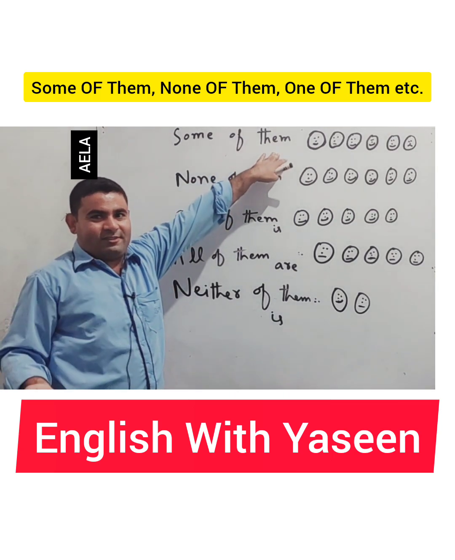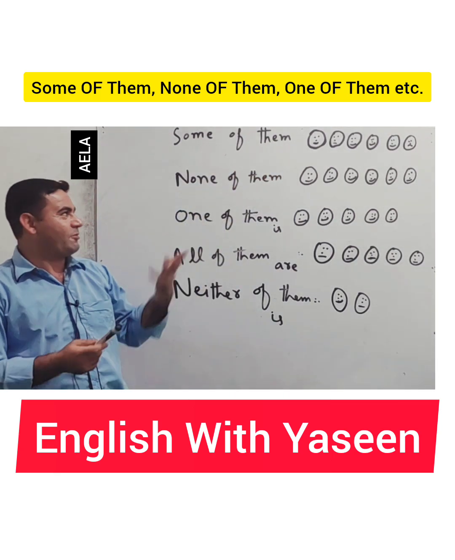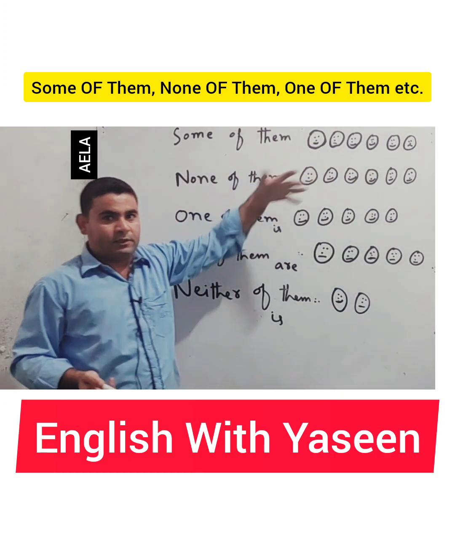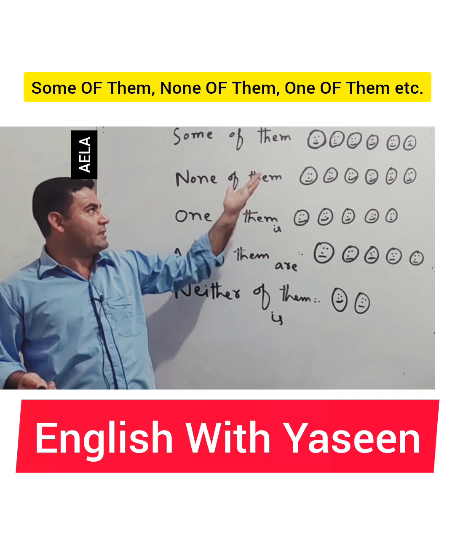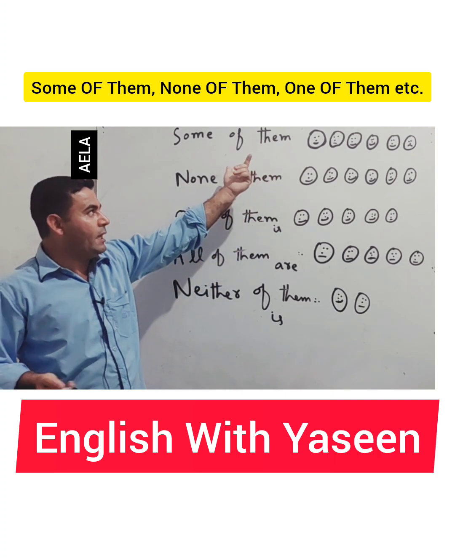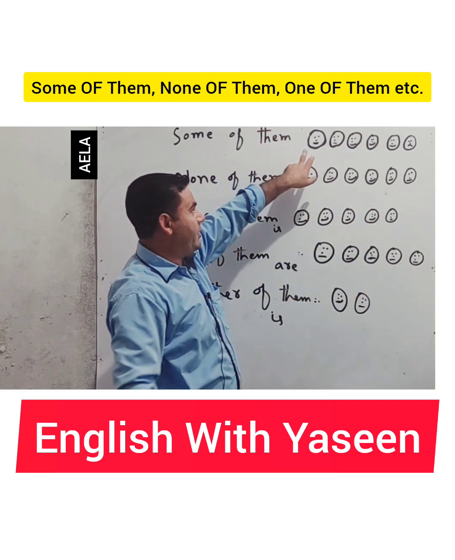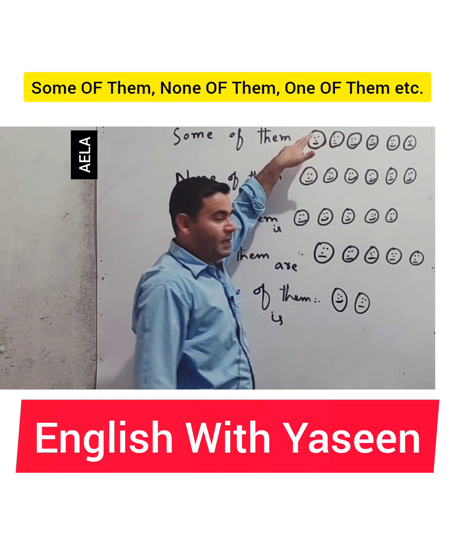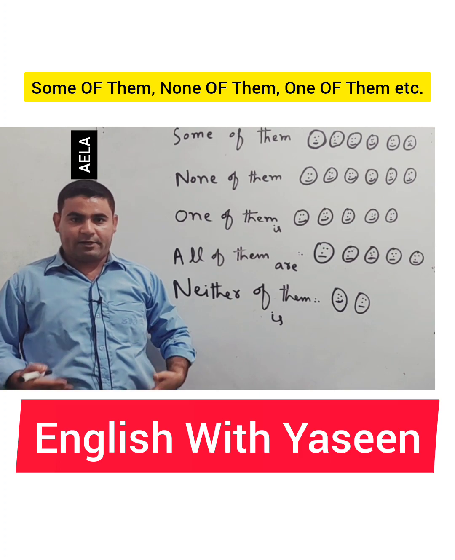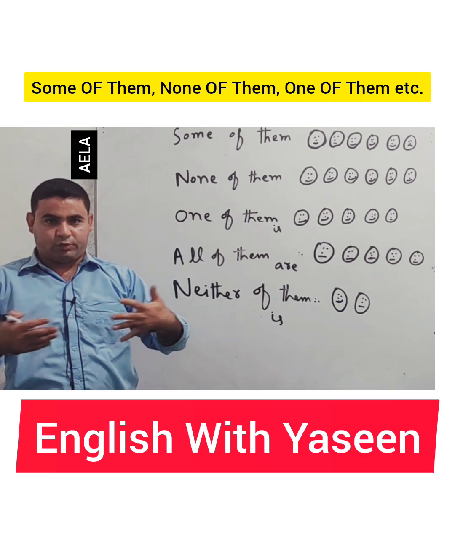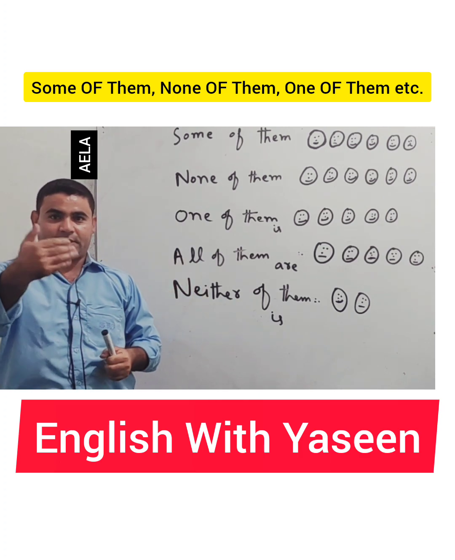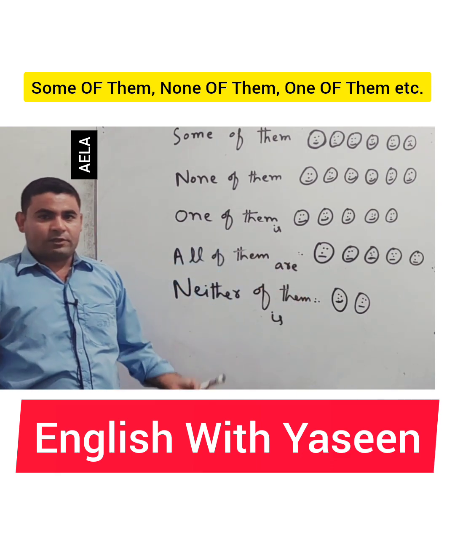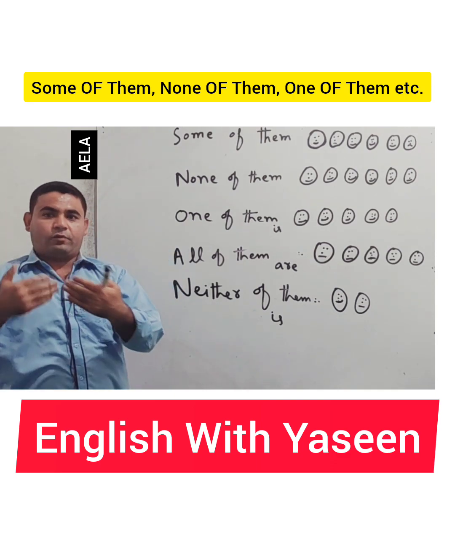I have tried to draw emojis. For example, if you say some of them are happy and some of them are sad, I don't know the exact number of how many will be happy and how many will be sad, and I don't want to know, but I just want to tell the person that some of them are happy and some of them are upset or sad, so the person will understand what I want to say.